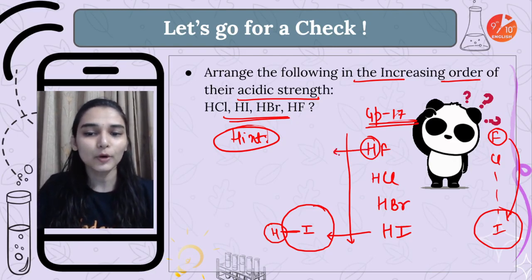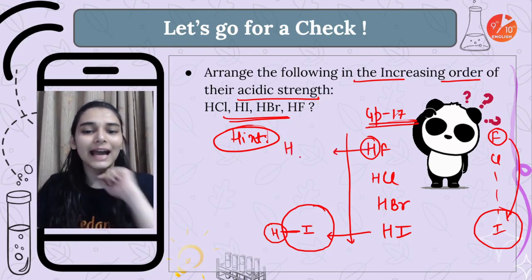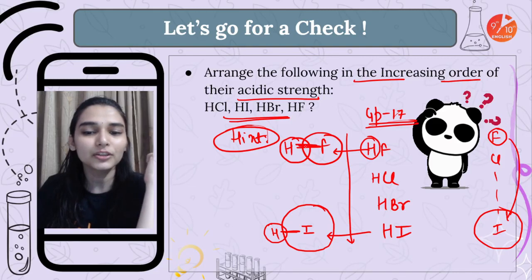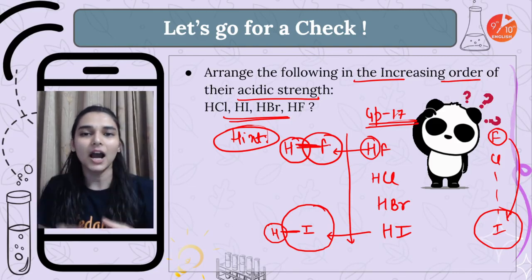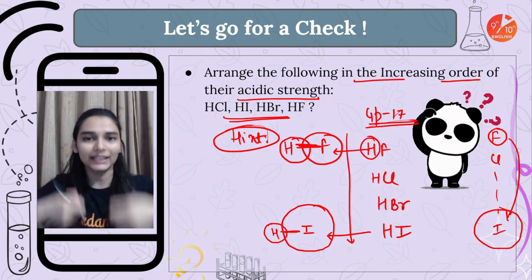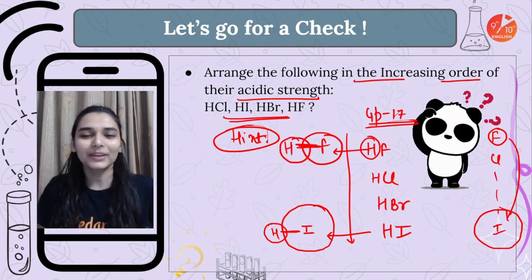But if you talk about HF, then they actually have comparable sizes. This is a tiny hydrogen, this is a tiny fluorine. So because of this, the bond strength is very high, the overlap of comparable sizes is good, and both nuclei are holding the shared pair of electrons very tightly.